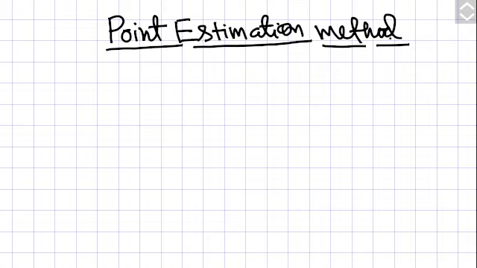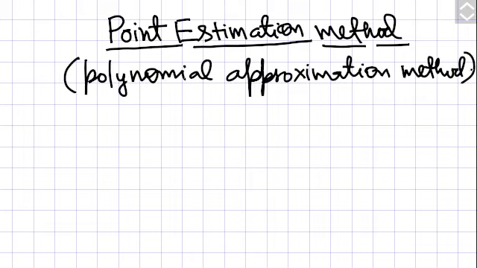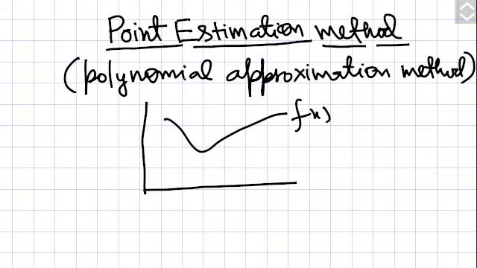In these methods, points are directly calculated for the minimum or optimum value of the function, and this method is also called the polynomial approximation method. As the name suggests, we will have a given function, suppose f(x), and we will approximate it to be a polynomial, for example a parabola, whose equation is y equals x squared.